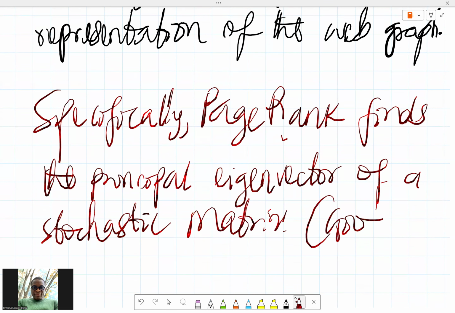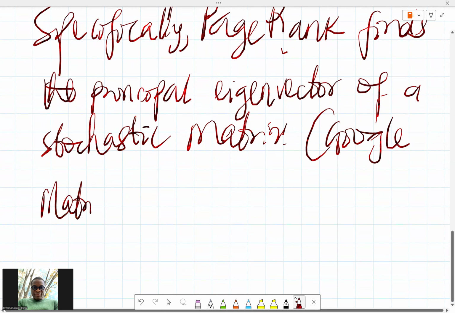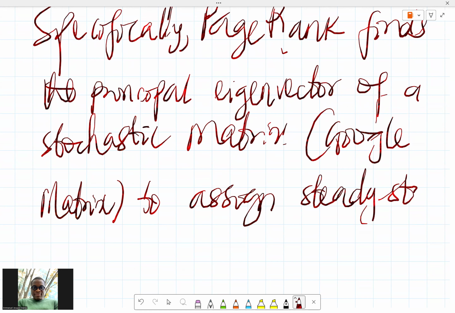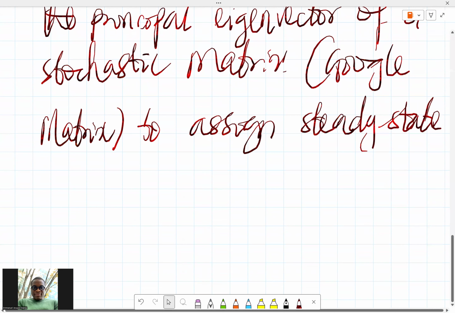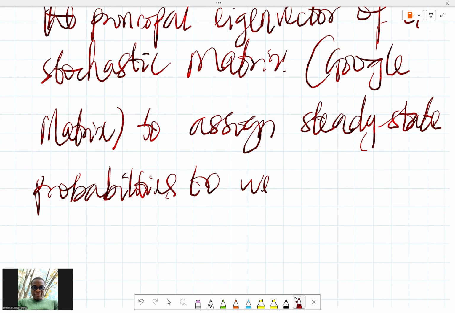That is what we call the Google matrix in this situation. Okay, so we find the principal eigenvector of the stochastic matrix, or the Google matrix, to assign steady state probabilities to web pages. Okay, so that's the idea. So that is how pages are literally ranked.